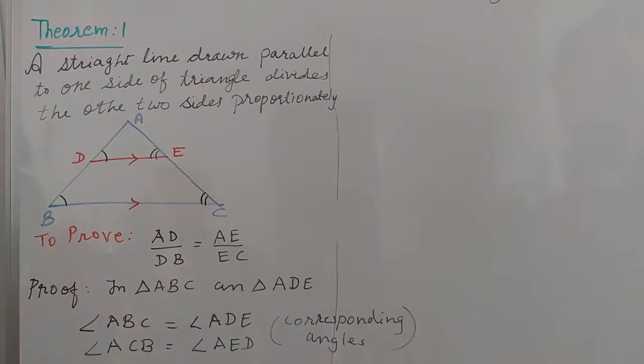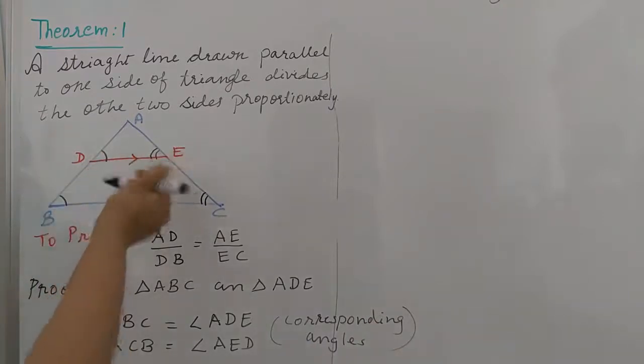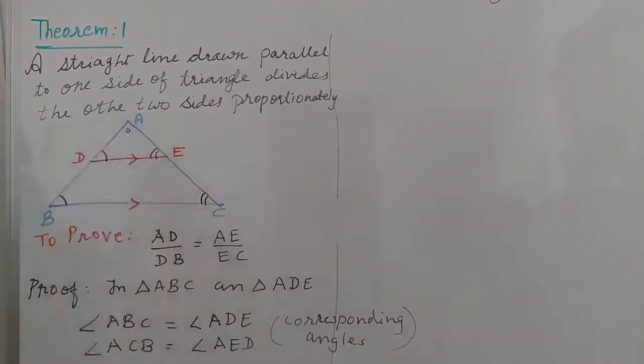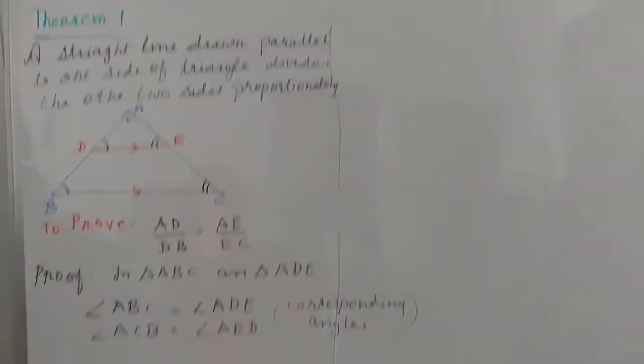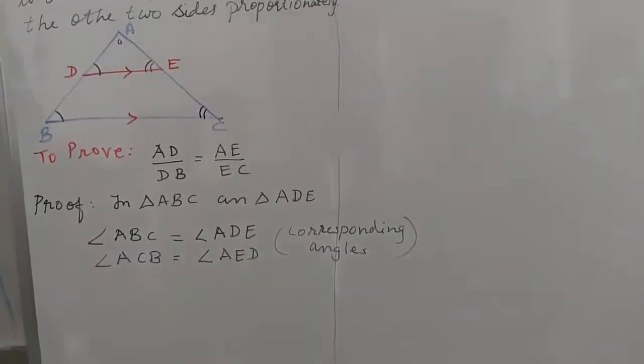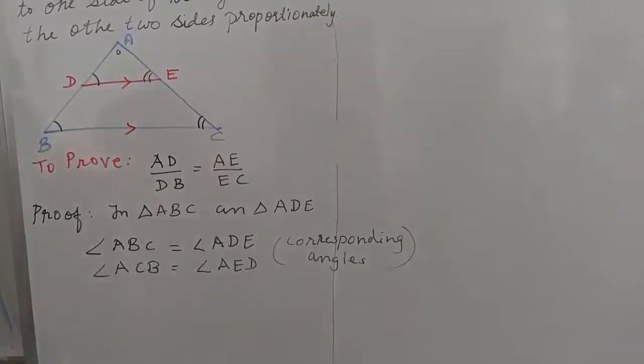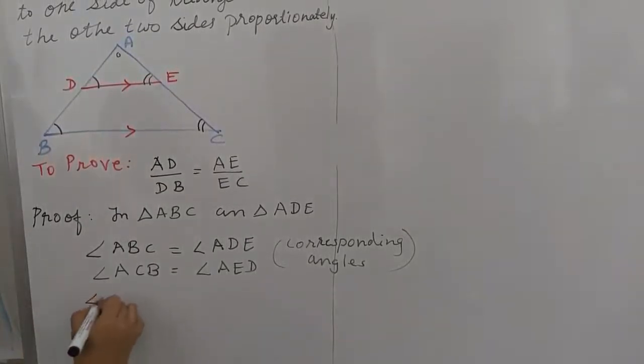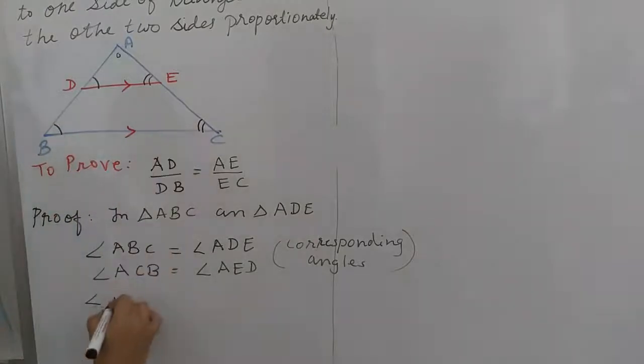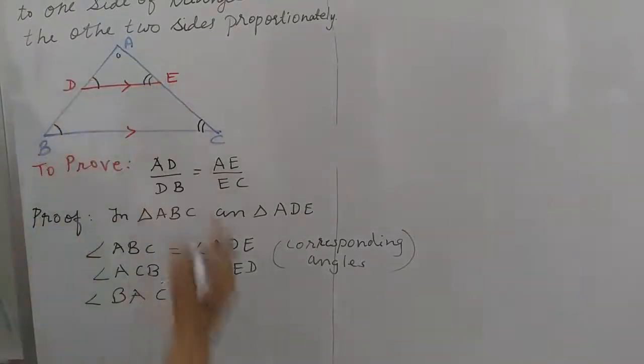Okay, next, angle A is common in both the triangles. So we can write the third angle that is common for both the triangles. So I am writing angle BAC, the big one, is equal to the smaller one, angle DAE.